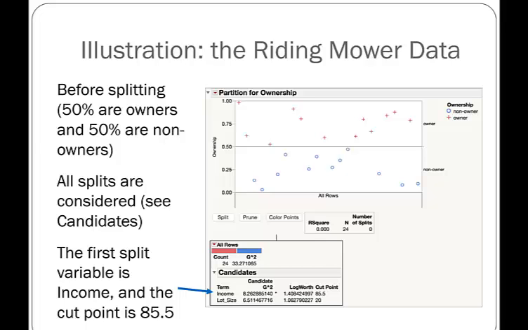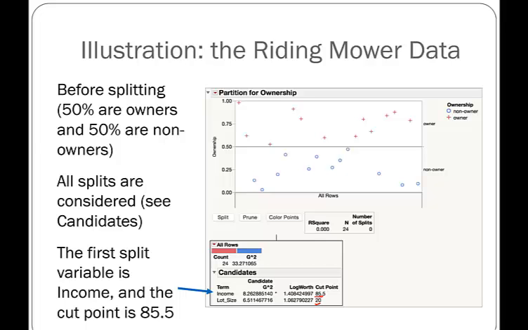see that down here income is the first one that we should split on, and the cut point is 85.5. Lot size would be the next place that a split would be recommended or would be optimal, and that would happen at a cut point of 20.